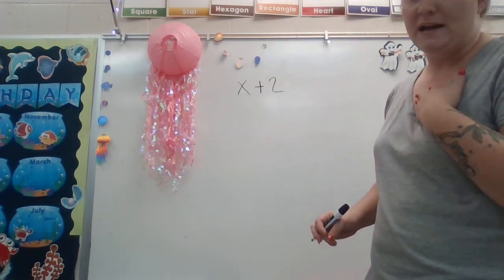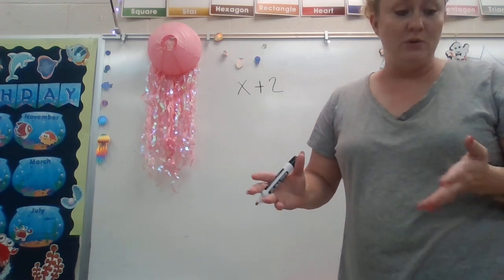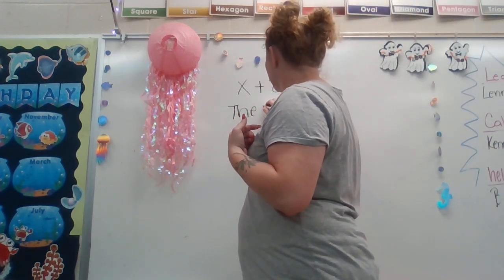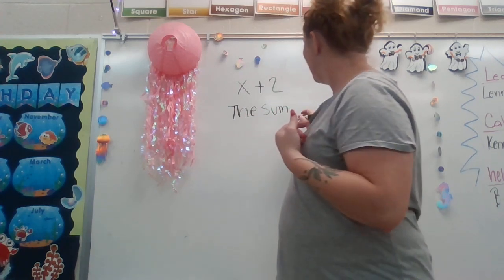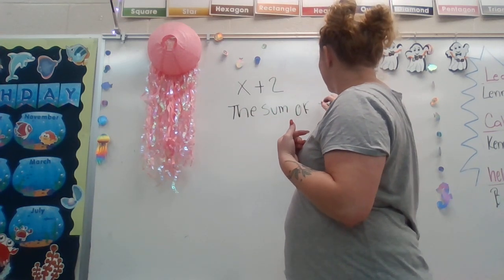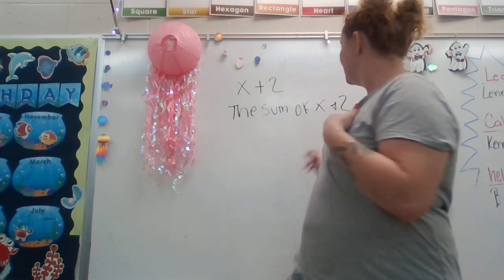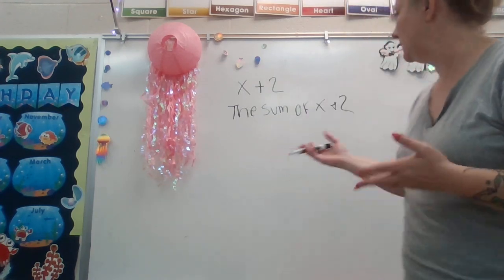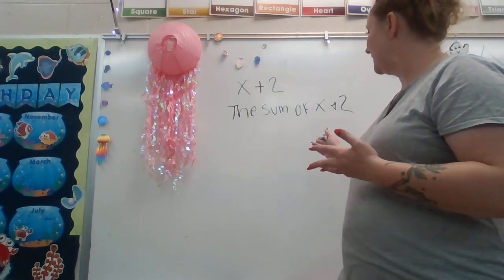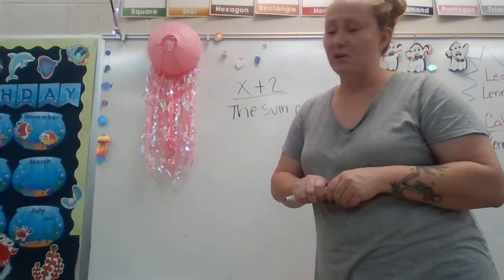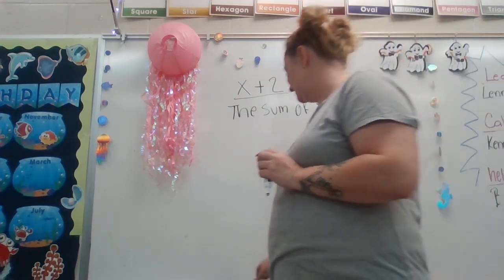If we read that in a worded question, it may say the sum of x and 2. So we know when we read the sum of x and 2, the mathematical expression would be x plus 2.